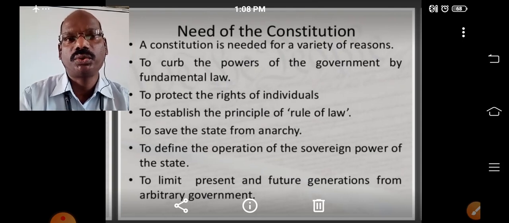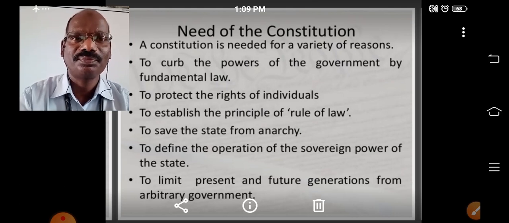To protect the rights of the individual or citizen, to establish the rule of law, to save the state from anarchy or any kind of disturbance, to define the operation of the sovereign powers of the state, and to limit present and future generations from arbitrary government, we need a constitution.